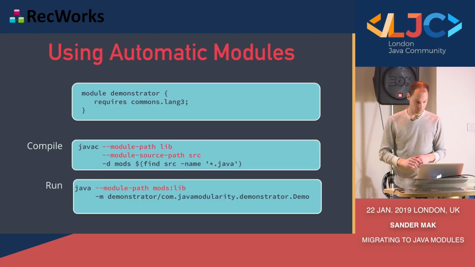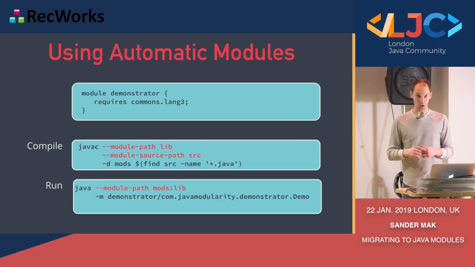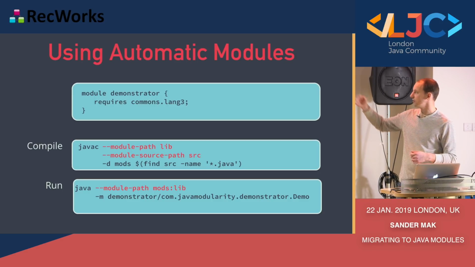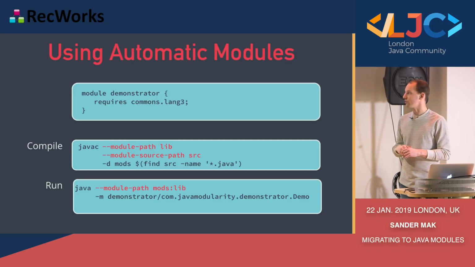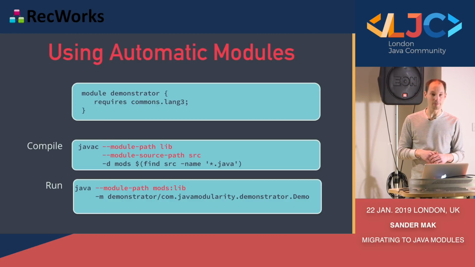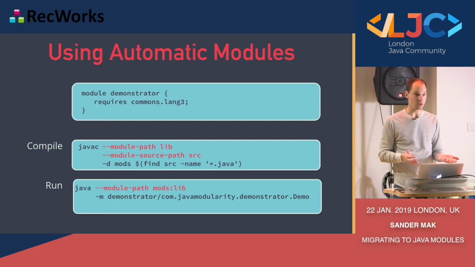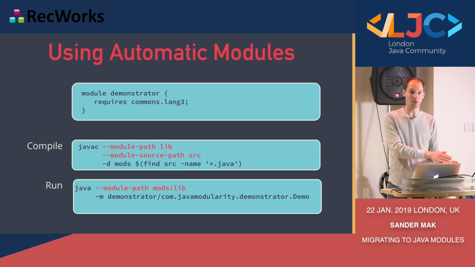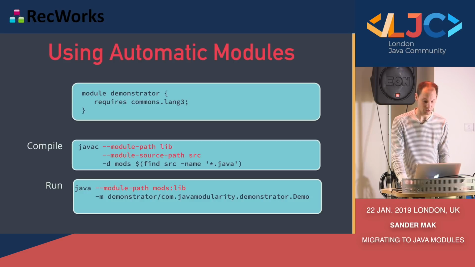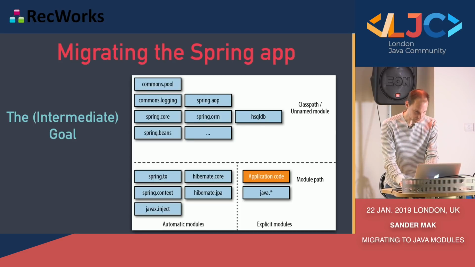And at runtime, similarly, we have a module path rather than a class path, where we put modules, in this case the demonstrator module, which is in the mods directory, and commons.lang, which is in the lib directory. And this is how we turn this simple example from the class path to the module path, without having to wait for commons.lang to also become a module.